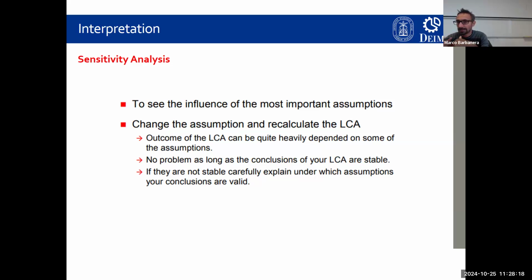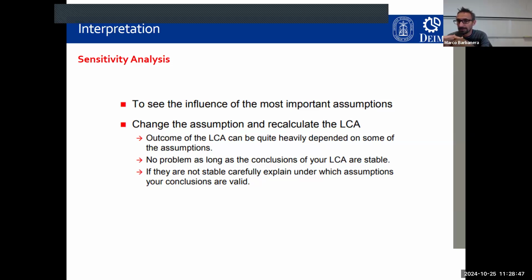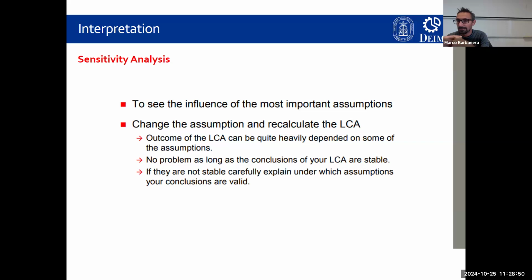If you obtain that the final results are not affected by this choice, this result is important because you communicate to the final user that this choice, this assumption, does not influence the results.